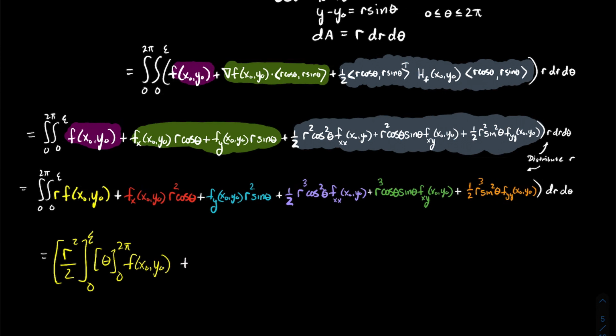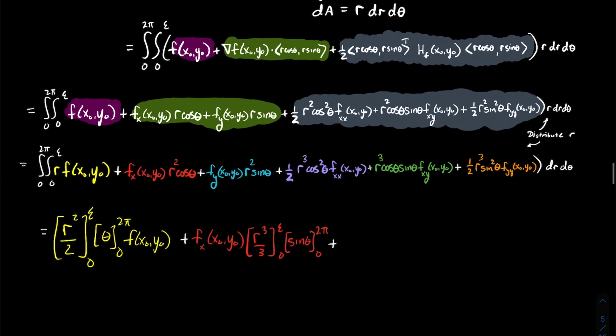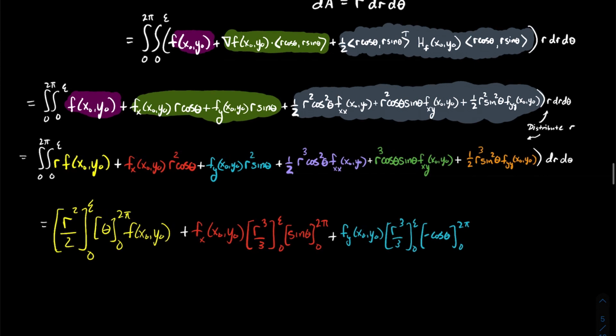Well, the red, you're going to get r cubed over 3, and cosine of theta changes to sine of theta. Remember, that partial derivative is just constant because you've already plugged in x naught y naught into it. The blue, similarly, changes to r cubed over 3, and then you get minus cosine of theta from 0 to 2 pi. And then the partial with respect to y is just your constant hanging out front.